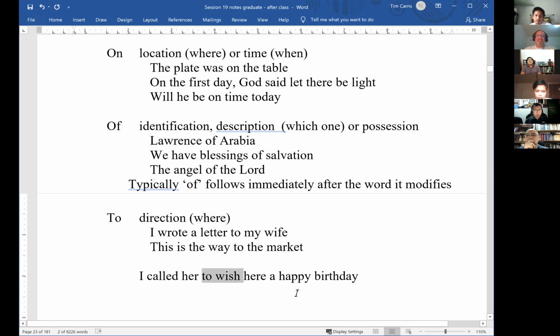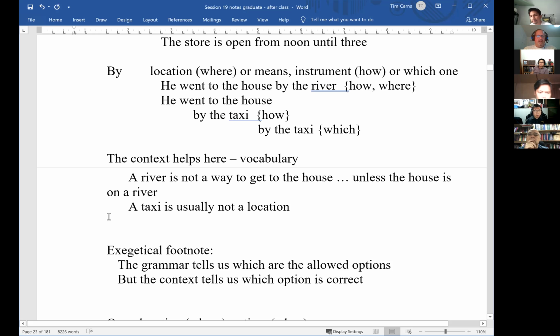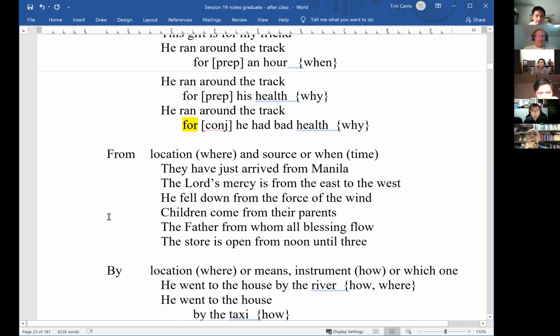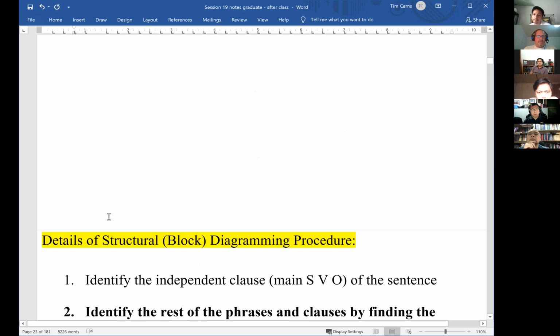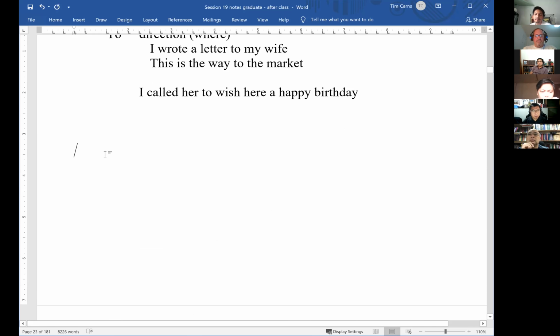So to is a tricky one. So I should put it on our list of the English words that cause the most problems as far as connecting words: for, so, that, and to is another one. Okay. All right.